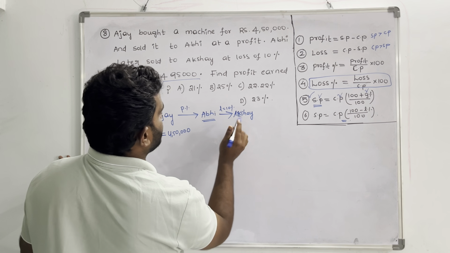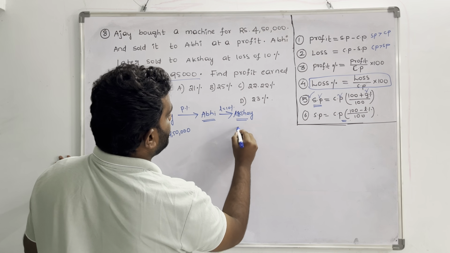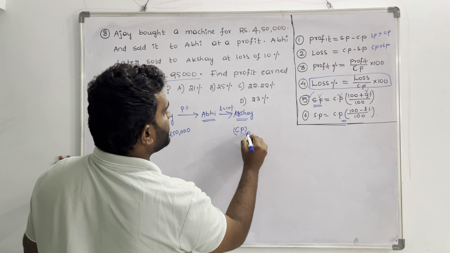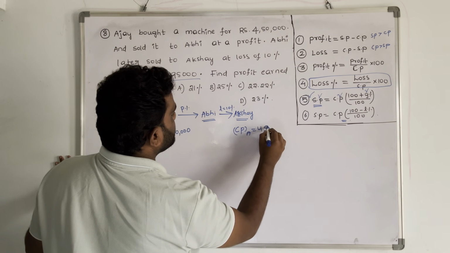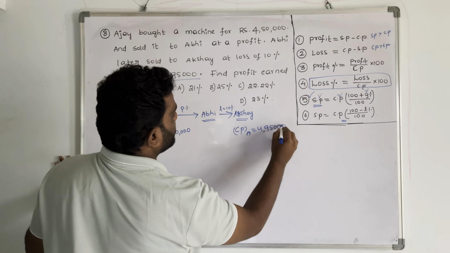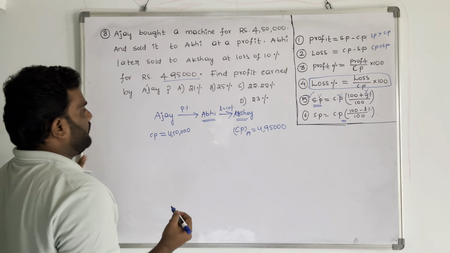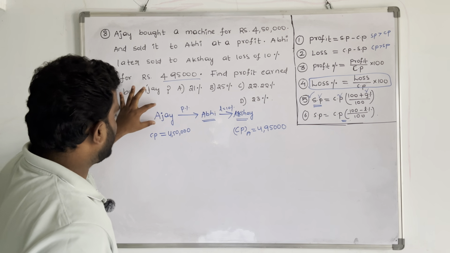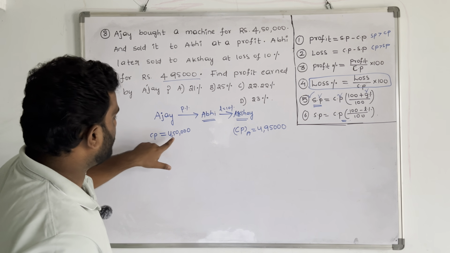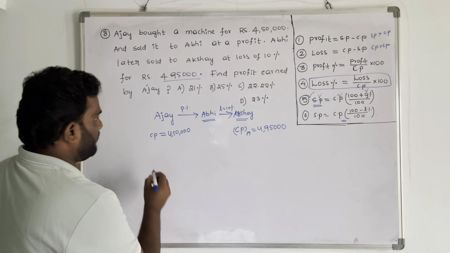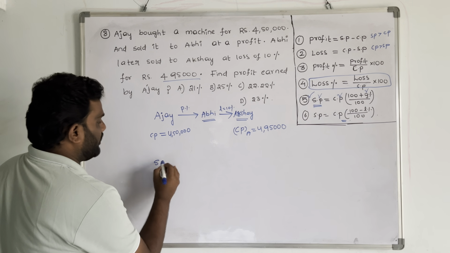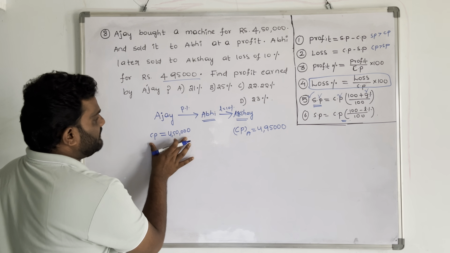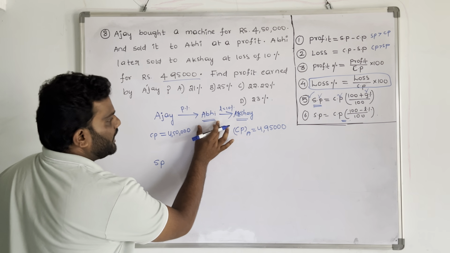So cost price for Akshay is equal to 4,95,000. Okay. Now if you observe the sequence here, Ajay's cost price is 4,50,000. Then find selling price, because selling price of Ajay will become cost price of Abhi, correct?